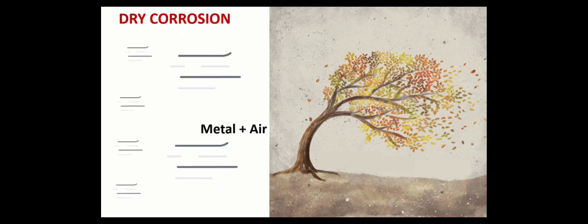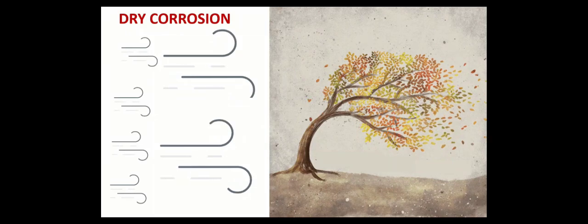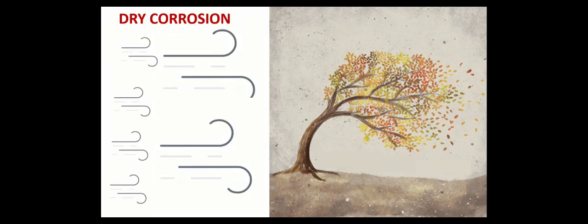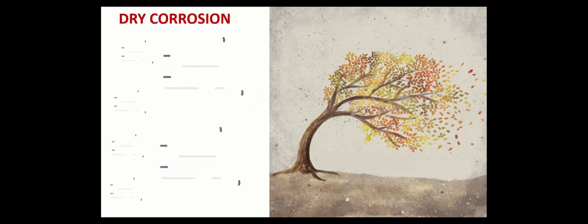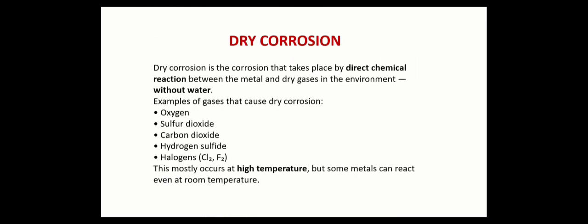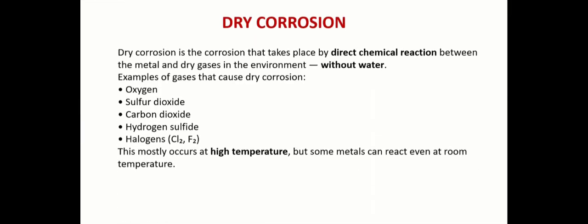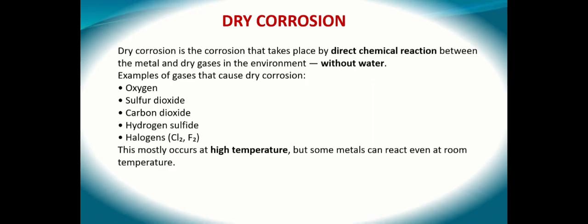This is the type of corrosion that occurs without moisture. That means no water, no electrolyte, just a direct chemical attack of gases on the metal surface. Dry corrosion happens purely through chemical reactions between the metal and the environmental gases such as oxygen, chlorine, hydrogen sulfide, sulfur dioxide, or halogens.